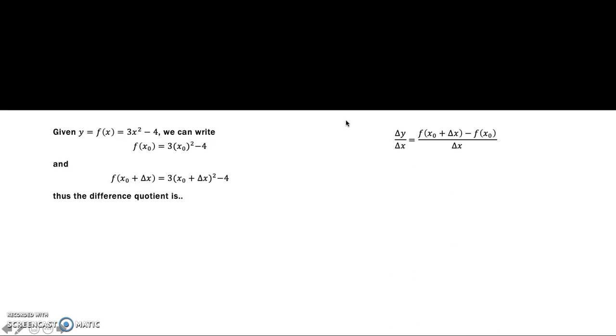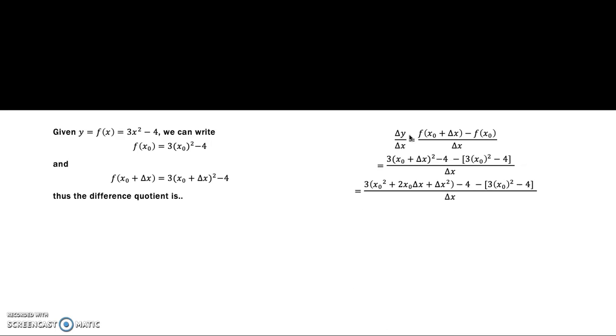To apply the difference quotient, we need to have f(x null) and f after the change, f(x null plus delta x). And we apply it to this difference quotient and do the operation as follows.